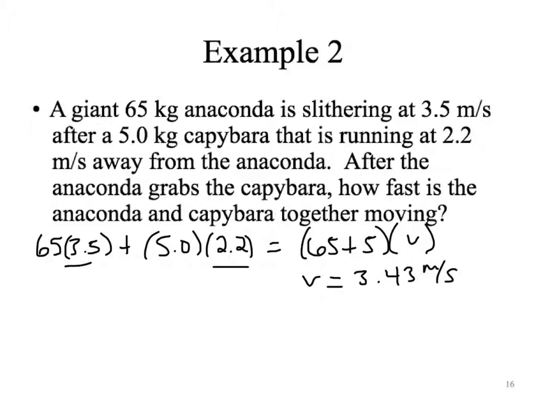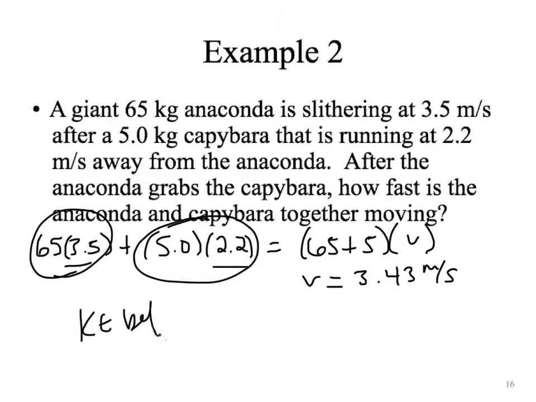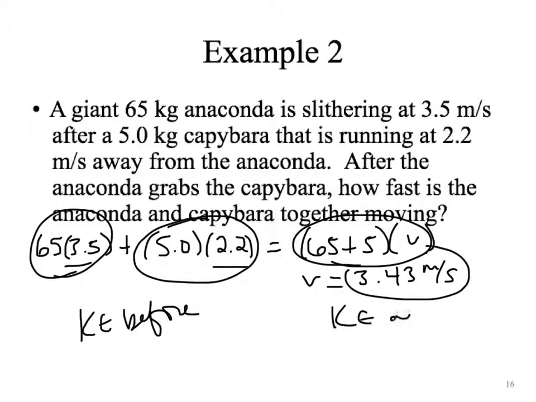The instant after he captures him, they're both going at 3.43 meters per second. If you plug this into 1/2 mv squared plus 1/2 mv squared to find the kinetic energy before, and then do 1/2 mv squared after, you'll find the difference between the two is right around 6 joules of energy that is lost.